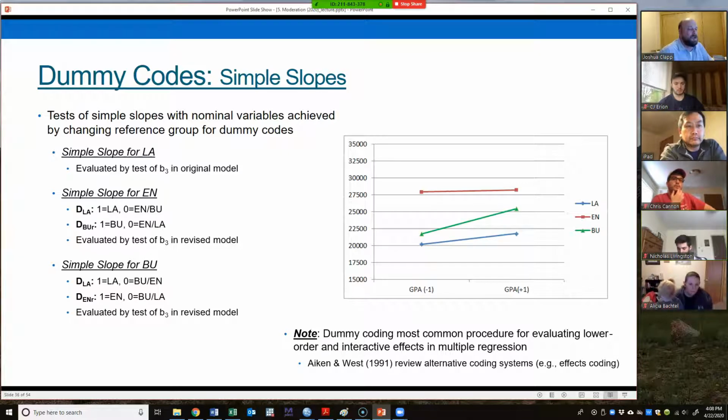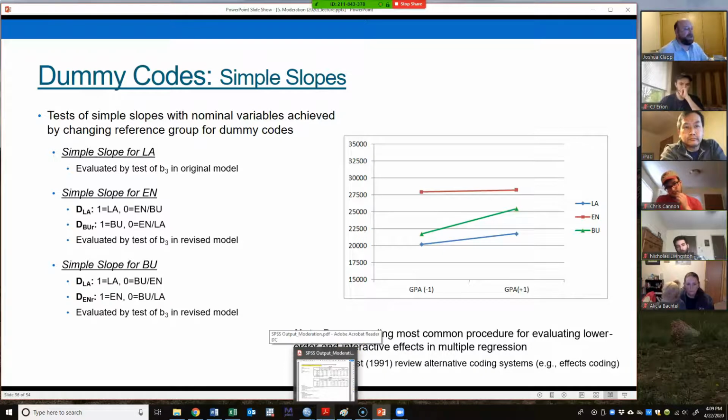Okay, and so what we see in this model is some association between GPA and starting salary for liberal arts, a stronger association between GPA and starting salary for business, but functionally no association between GPA and starting salary for engineers.